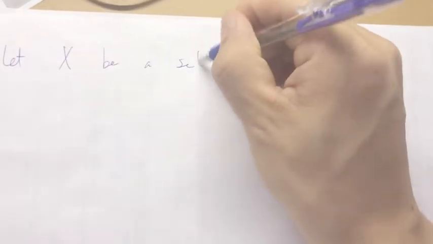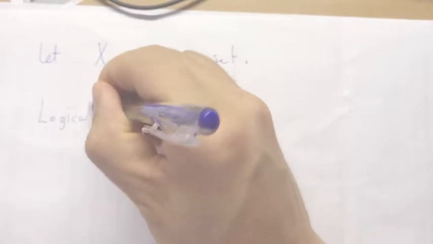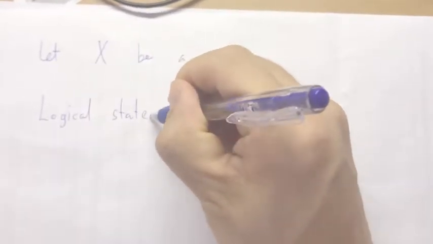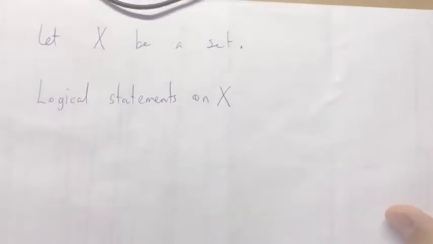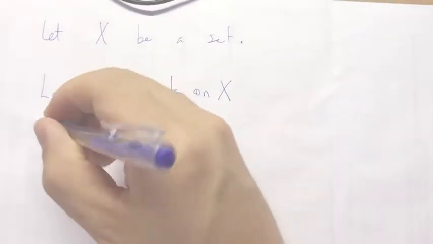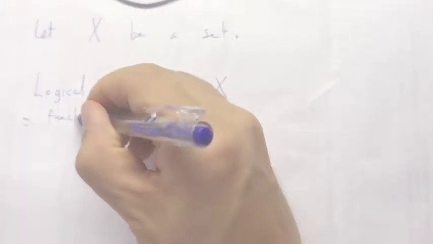So I want to give you a summary of this course and wrap it up in maybe a nice way to remember. Let X be a set. So we can define these things like logical statements on X, and these are just functions.